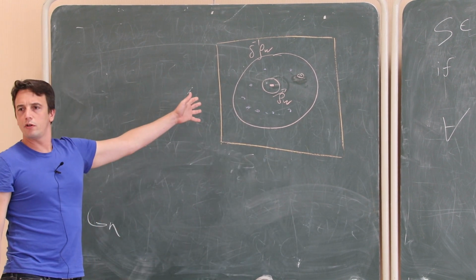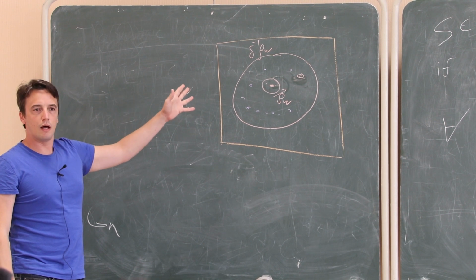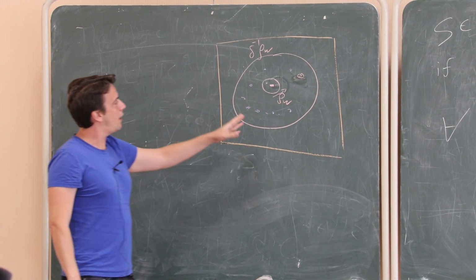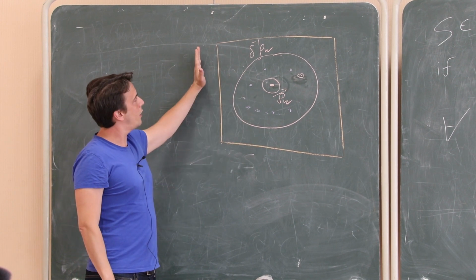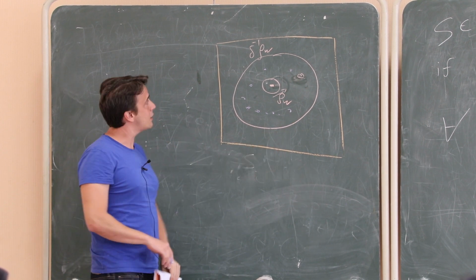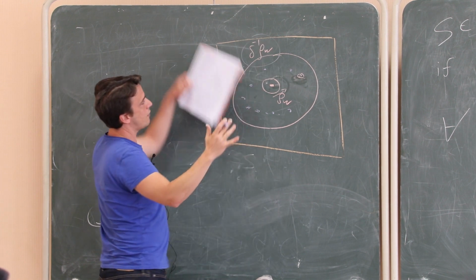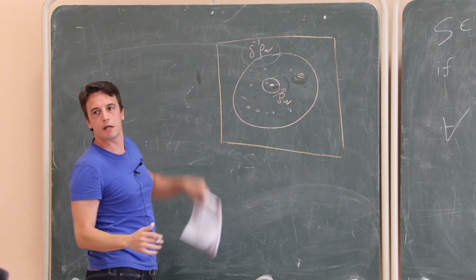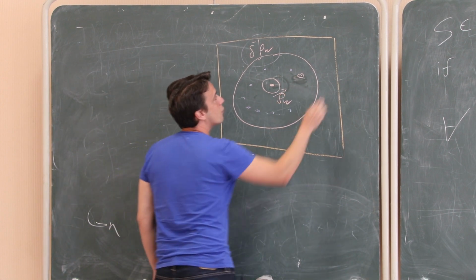If the picture looks like this, then it's actually not that hard to verify that if this point is delta S supported, then the square has to be S supported. Here the big ball is of radius delta to the minus 1 rho W, and here the radius is delta rho W.